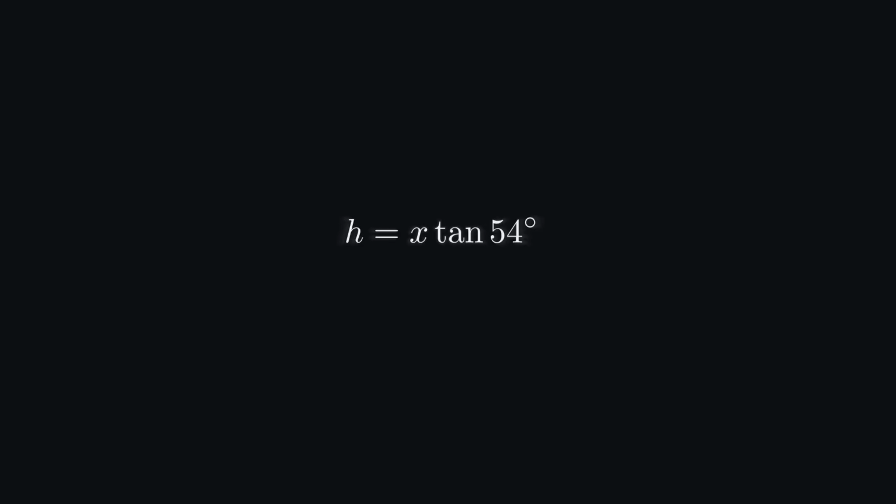h equals x tan 54 degrees. h equals 50 tan 54 degrees. Now that we know x, we use equation 1 to find the height of the pole.